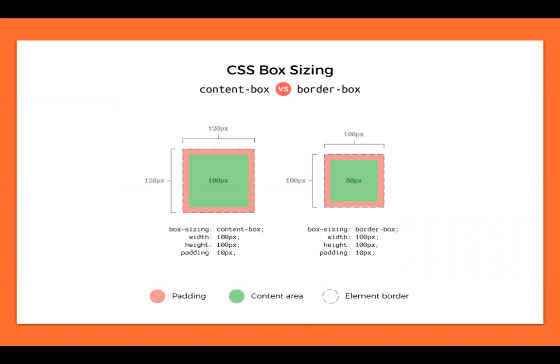It gives precedence to the content. With the border box, the content becomes 80 pixels, but the height and width of the overall element is still 100 by 100. So it gives precedence to the border.